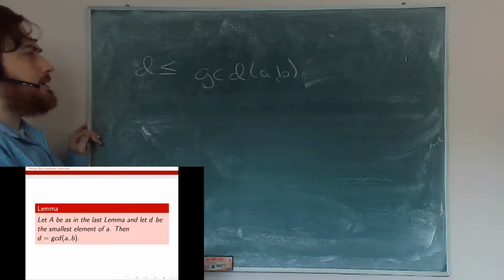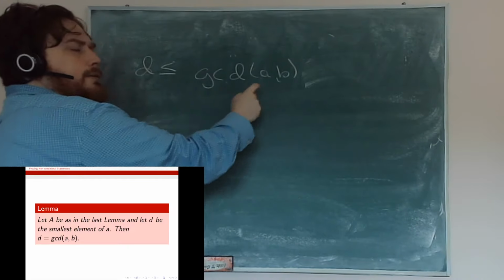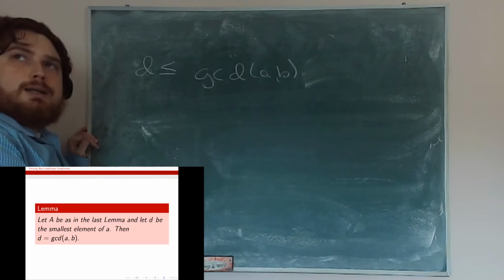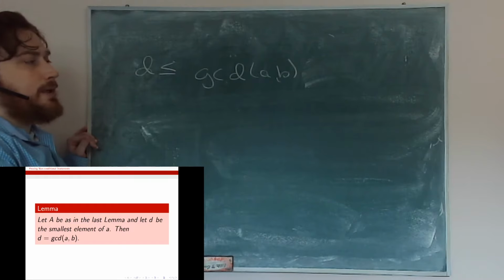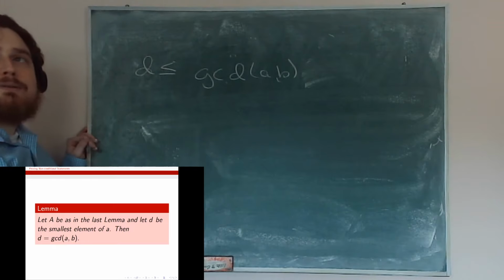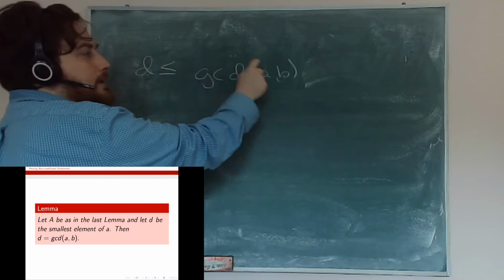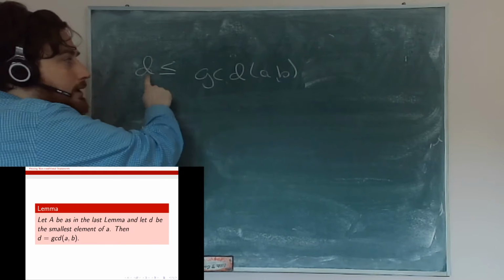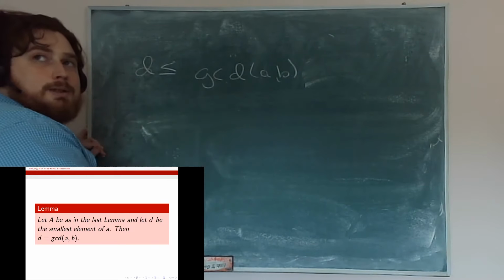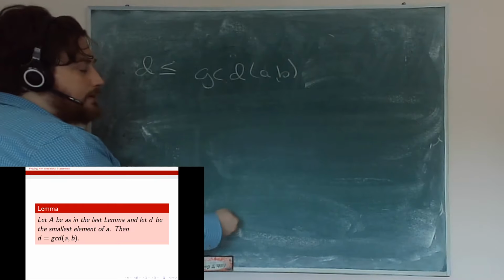What I want to say is, if I can show D divides A and D divides B, then D is a common divisor of A and B. Therefore, if D is a common divisor of A and B, it has to be smaller than or equal to the greatest common divisor of A and B. So if I can show D divides A and D divides B, I will get that D is less than or equal to the greatest common divisor of A and B. So that's where I'm going.